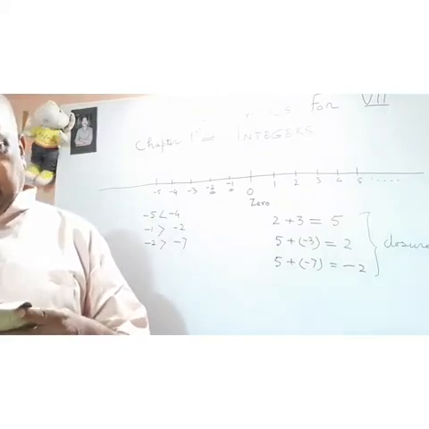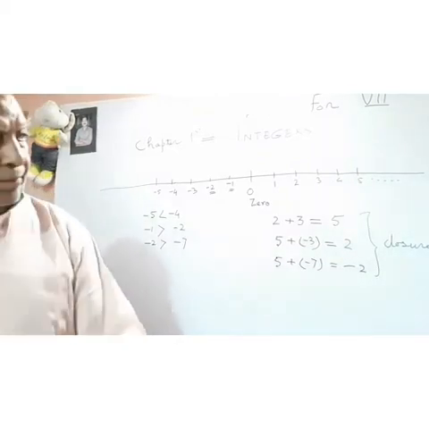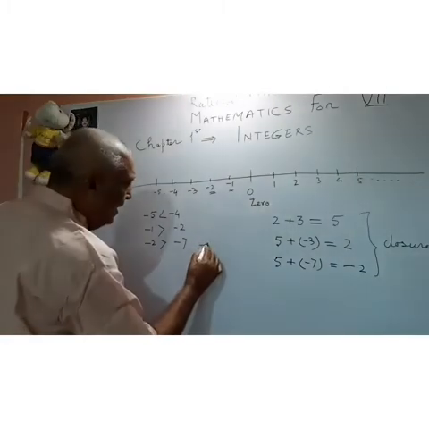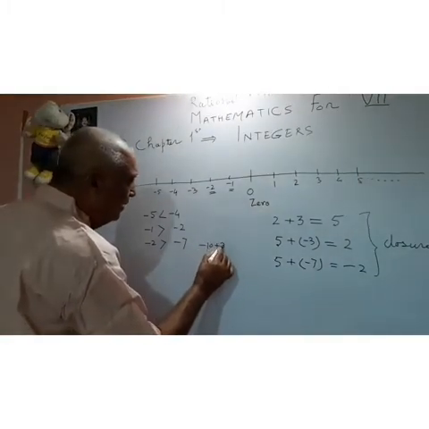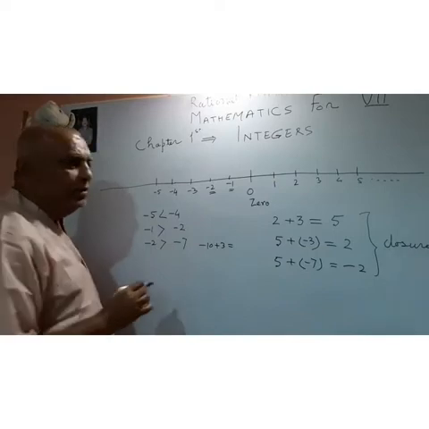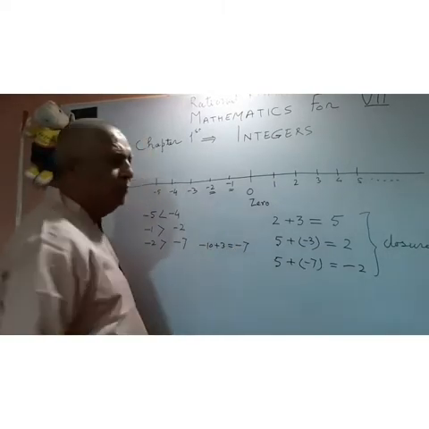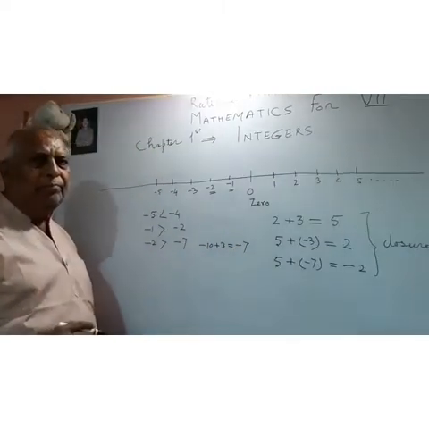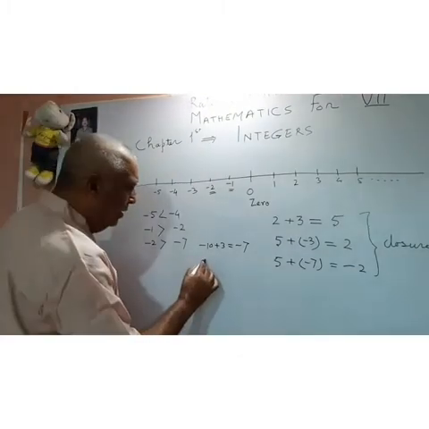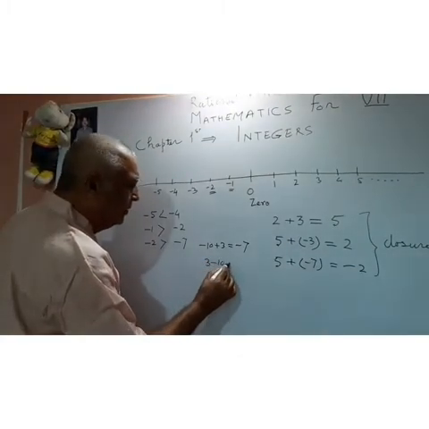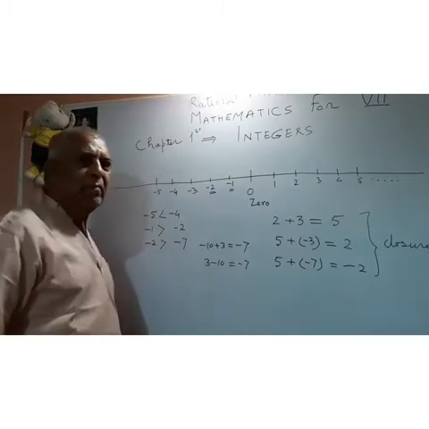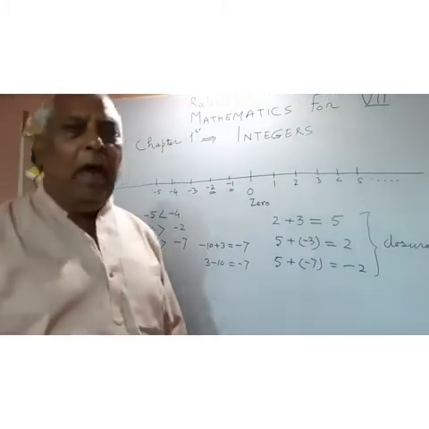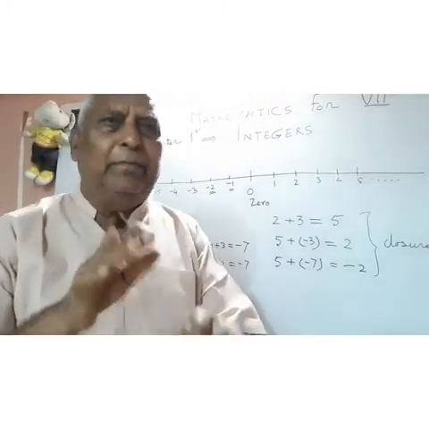Here a question given by your book. Minus 10 plus 3. How much? Minus 7. But 3 minus 10 is also minus 7. Addition is also commutative.